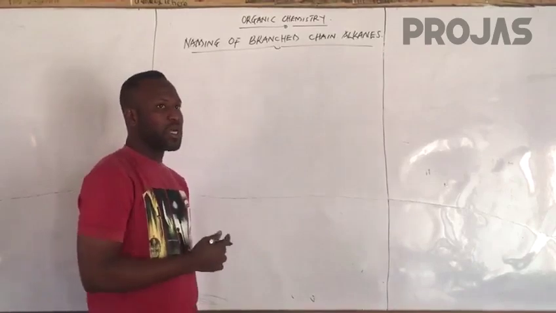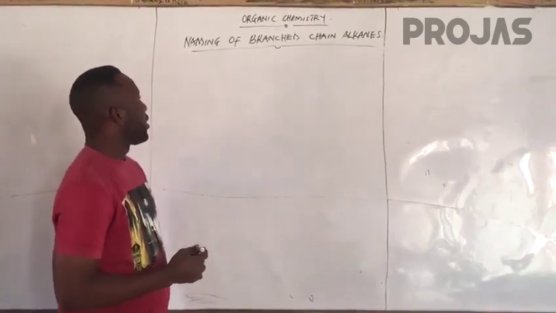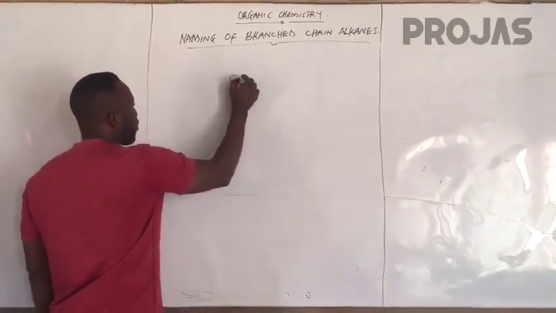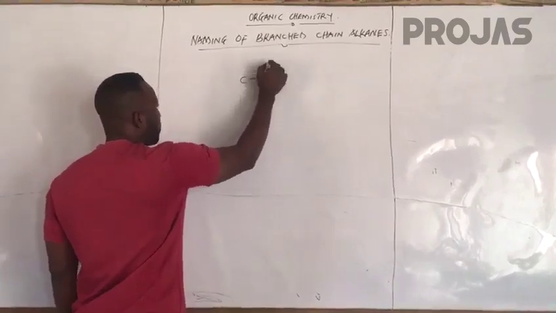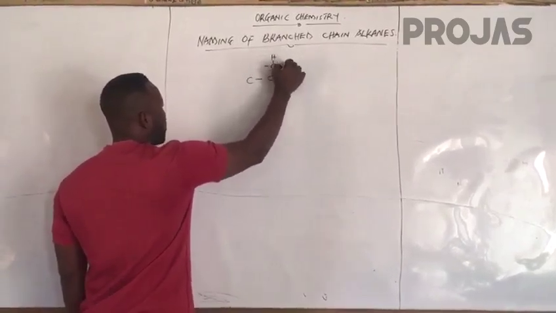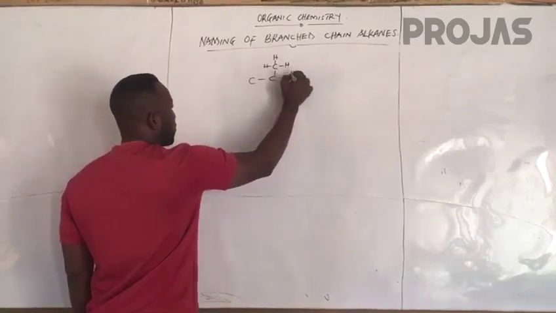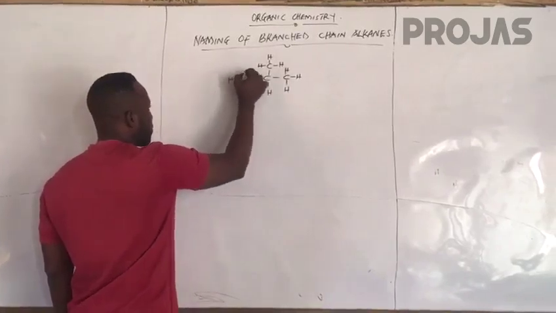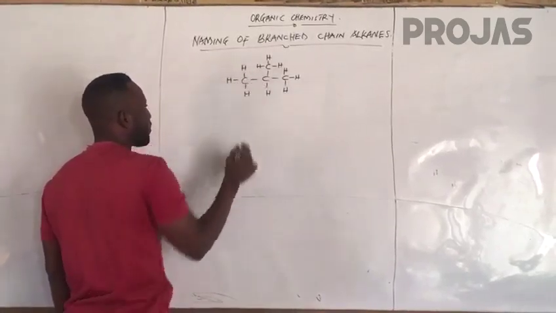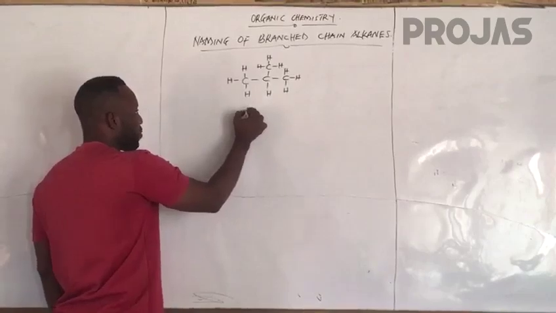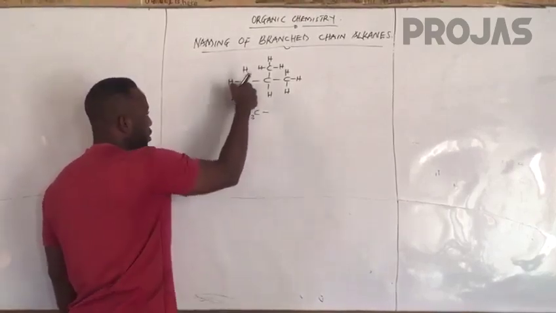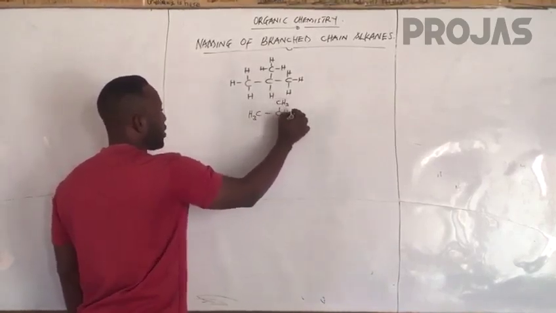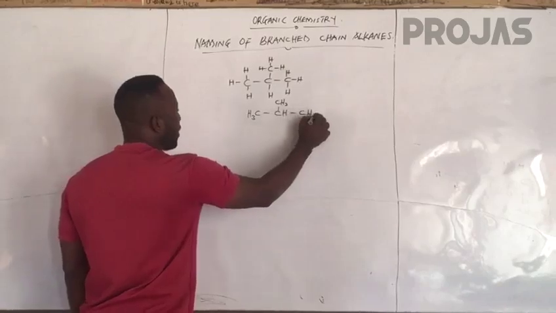But we'll start with branch chain alkanes, so we are going to start with a very simple aspect of it. So let us consider this structure. So let us go to the condensed form. This is a carbon, 3 hydrogen, this is CH, then we have CH3, then we have another CH3.